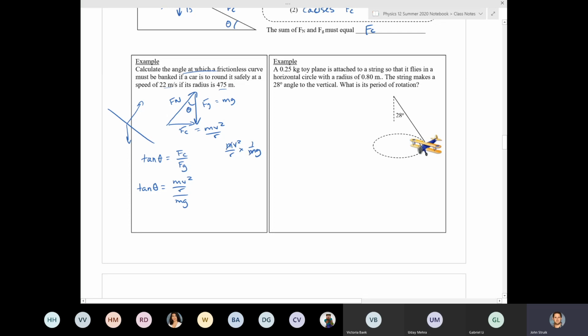The masses cancel out, and you're left with tan theta equals v squared over gr. Then we can just plug in our values. So tan theta equals 22 squared over 9.8 times 475. 22 squared divided by 9.8 times 475 equals 0.10, and then I'm going to second tan that, and I get theta equals 5.94 degrees, so 6 degrees.